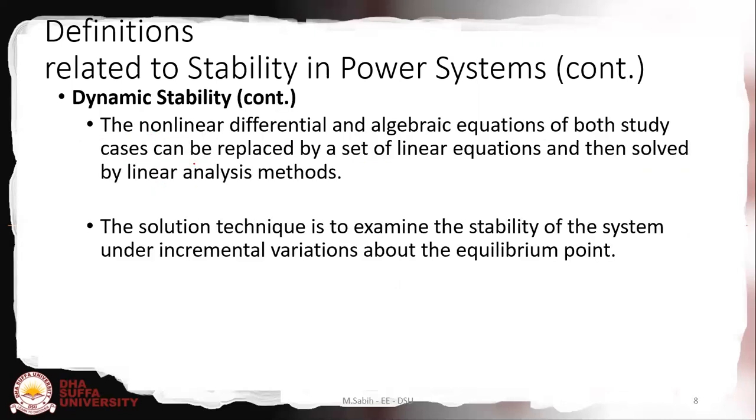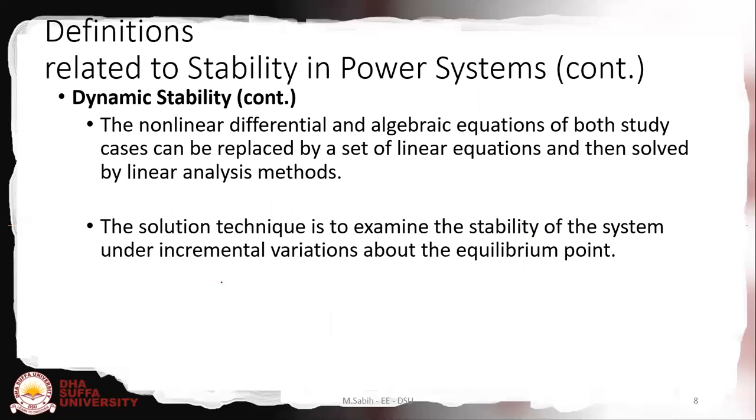The nonlinear differential equations and algebraic equations of both study cases can be replaced by a set of linear equations and then solved by linear analysis methods. The solution technique is to examine the stability of the system under incremental variations about the equilibrium point.